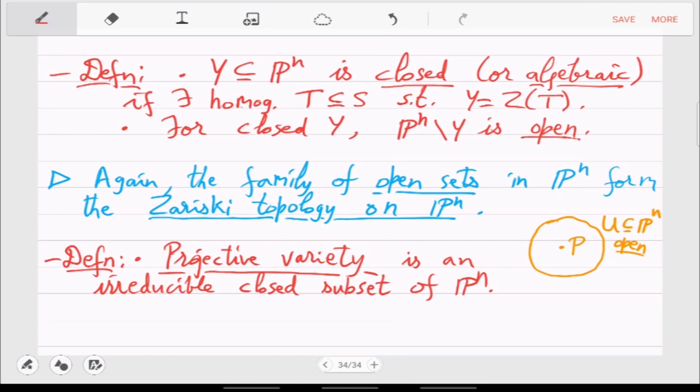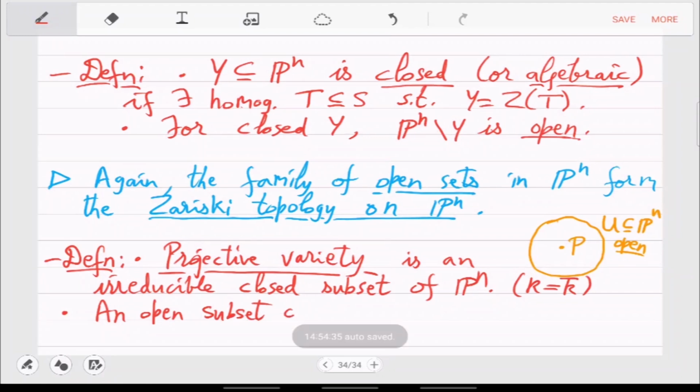And maybe I say here k is equal to k bar. Just assume that. An open subset of a projective variety is called a quasi projective variety.